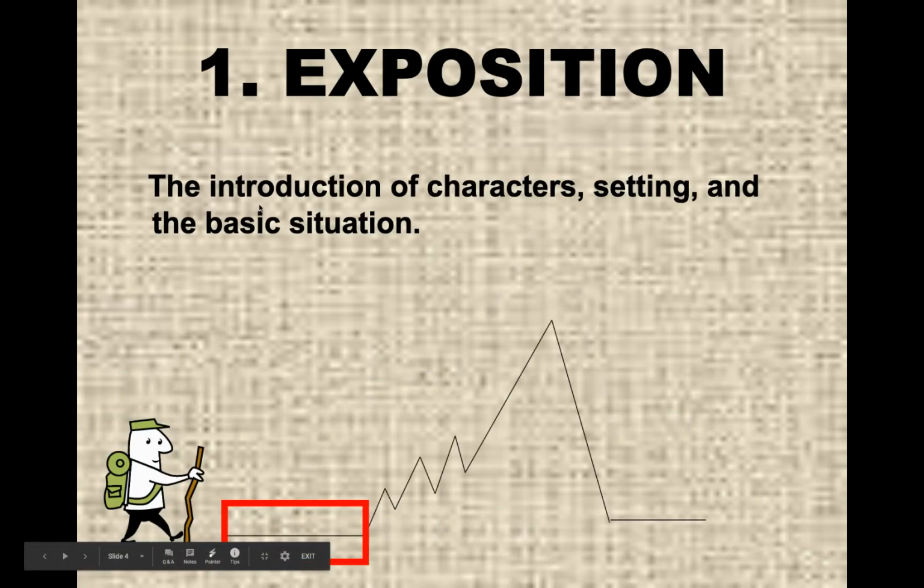The introduction is where you learn about your characters, the setting, and the conflict. I know it says basic situation here, but you're going to learn about the conflict in the exposition. If you think about The Great Gatsby, in that first part, you learned about the characters. In the exposition, the beginning, you always learn about where the story is taking place and the characters.